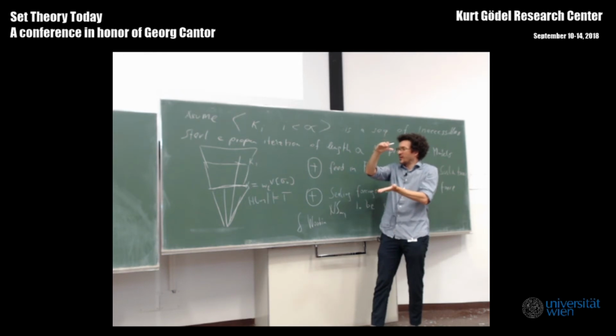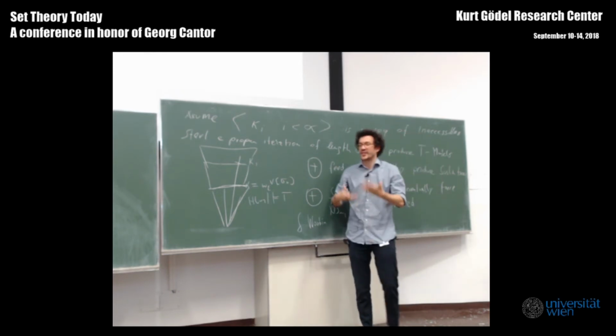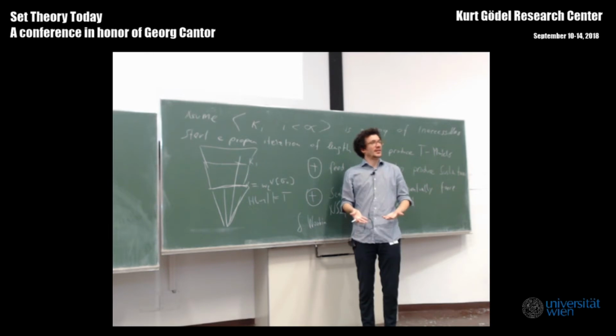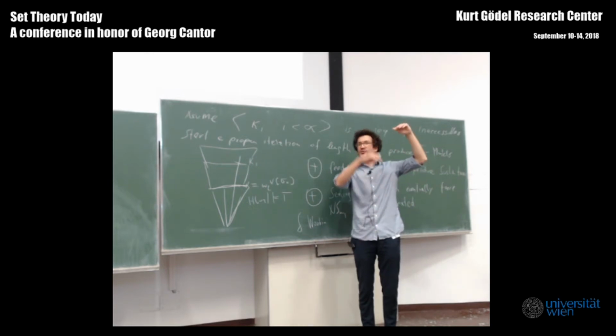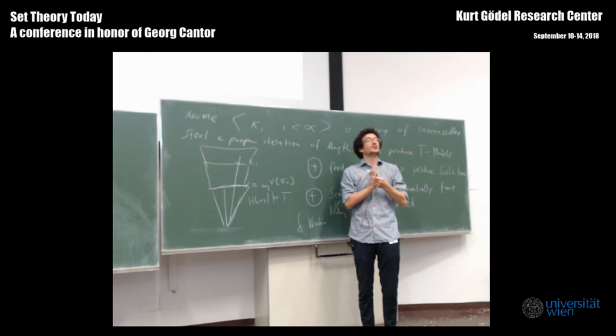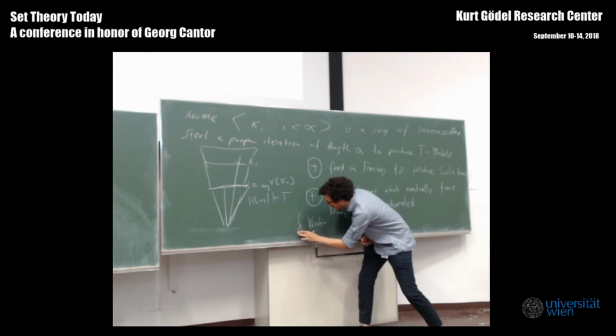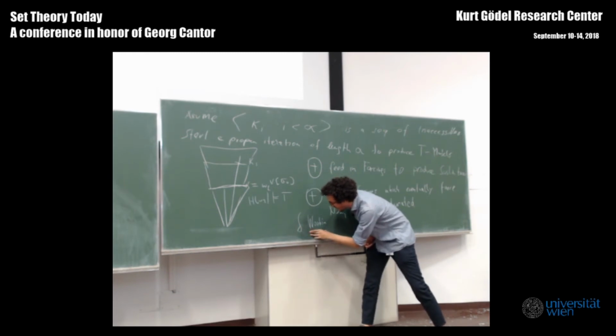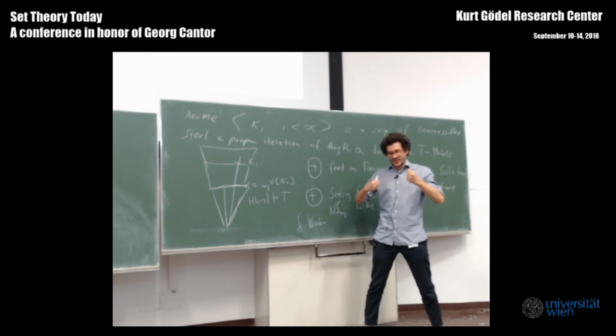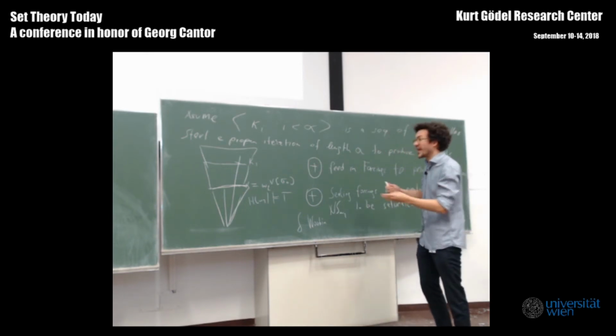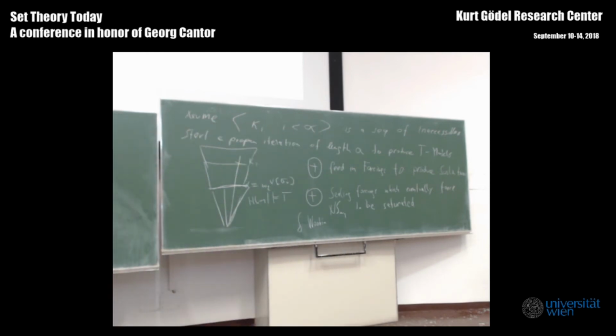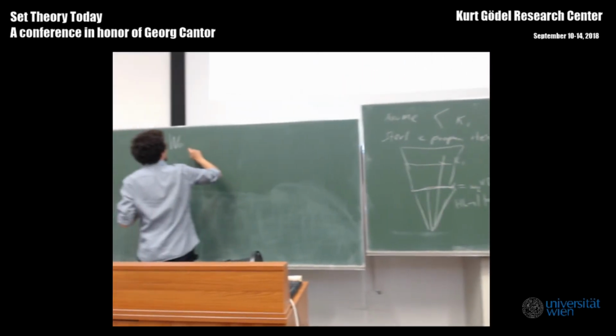So we need a Miyamoto nicely supported iteration, in fact. Miyamoto came up with an iteration which preserves the Suslinity of trees. So we start a delta-length iteration of nice support, nice referring to the iteration theory of Miyamoto.